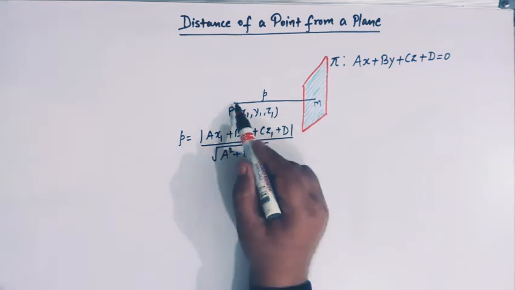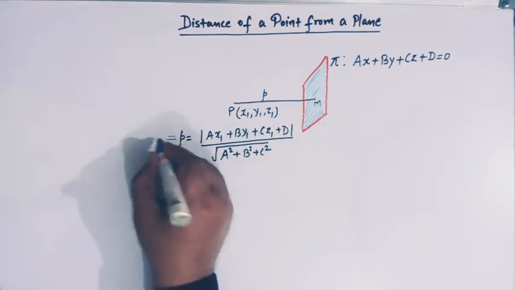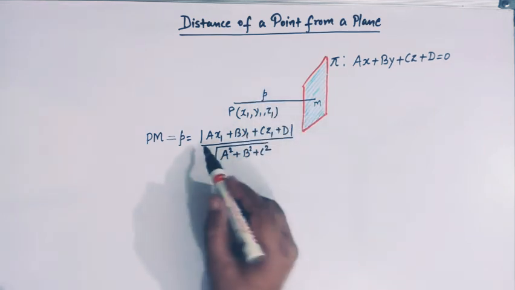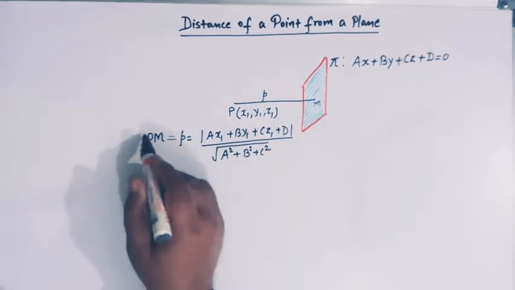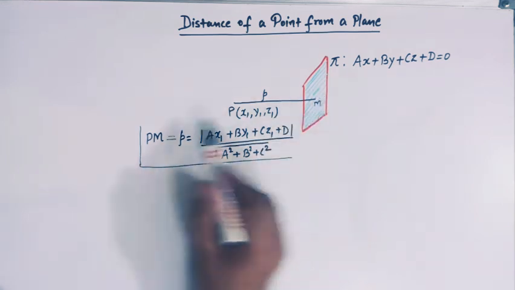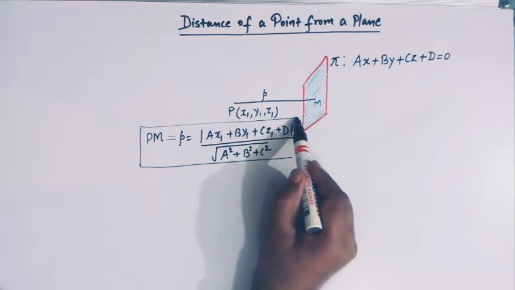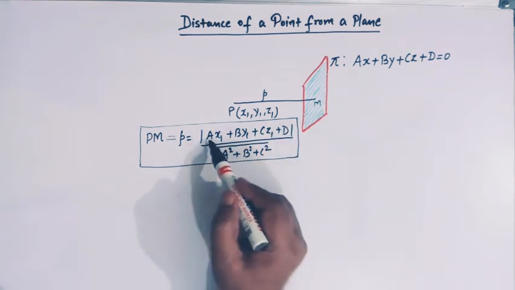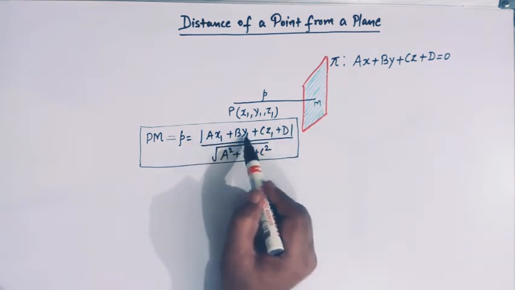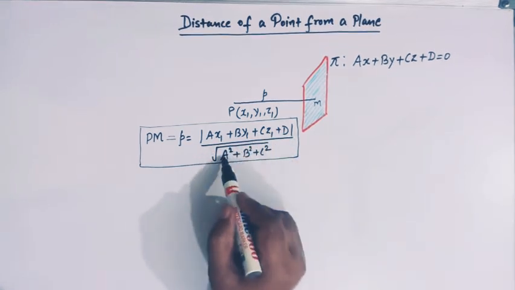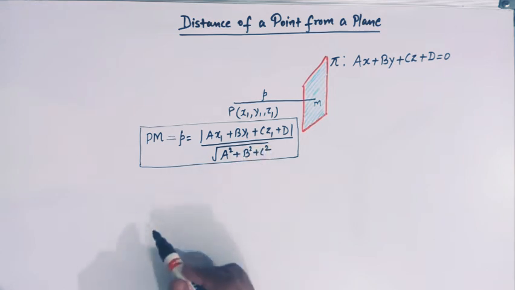And if this distance PM is denoted by the letter P, then the formula for finding out the distance of this plane from the point P is given by the absolute value of ax1 plus by1 plus cz1 plus d divided by square root of a square plus b square plus c square, right?